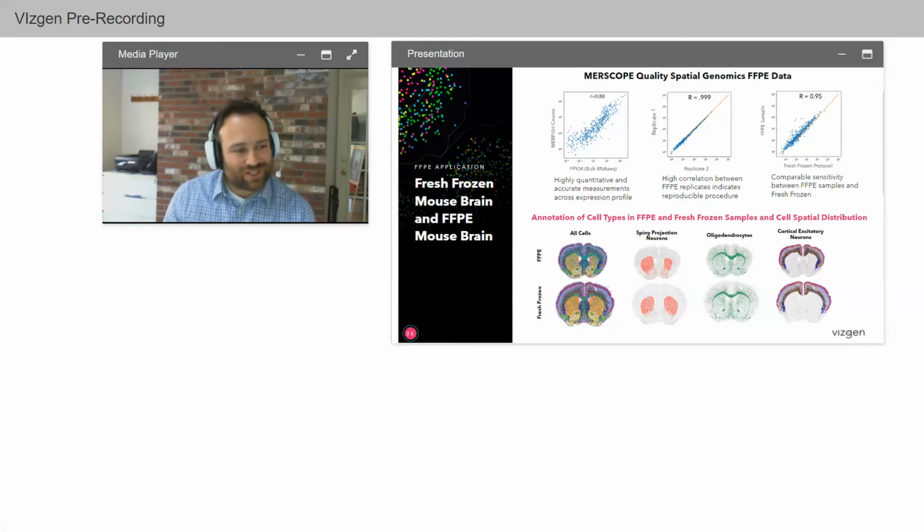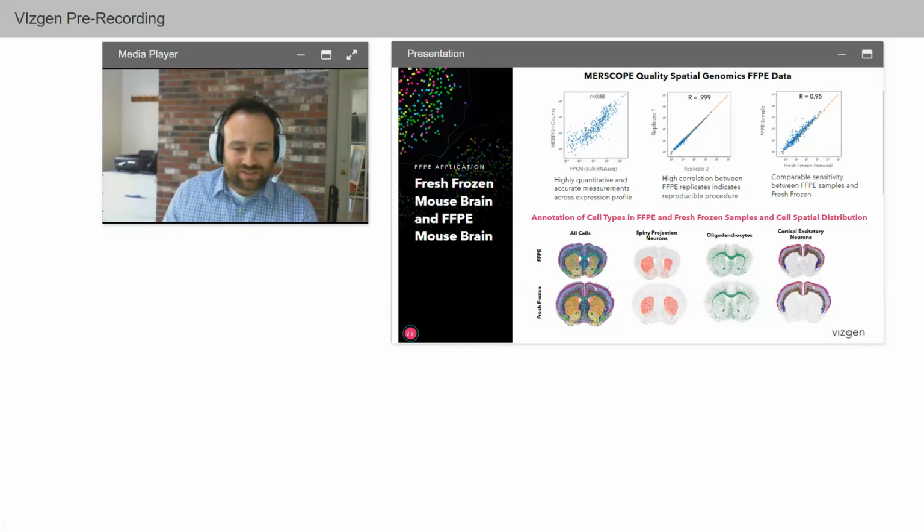We went further here to compare these and annotated these cell types within FFPE and fresh frozen samples, and then spatially compared those cell types within these two sample types. And so if we look, we can see all cells between the FFPE and fresh frozen sample.